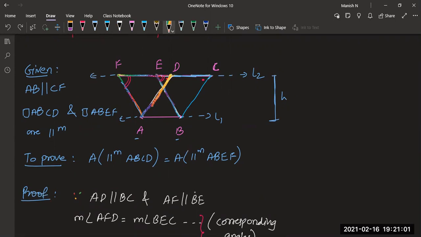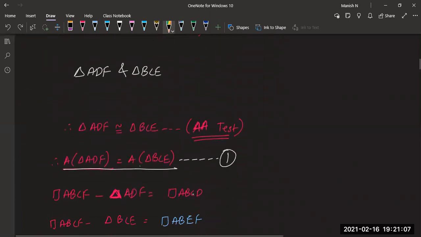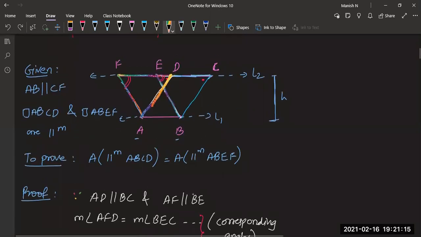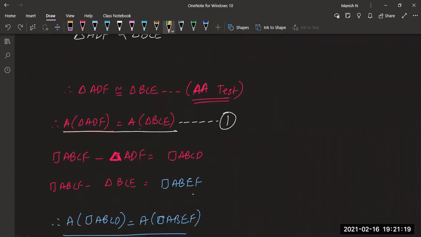Don't you think we will get quadrilateral ABCD? Yes, we would get ABCD. So quadrilateral ABCF minus ADF gives us ABCD. Similarly, if from ABCF we subtract BCE, that is this other triangle, we get ABEF, right?